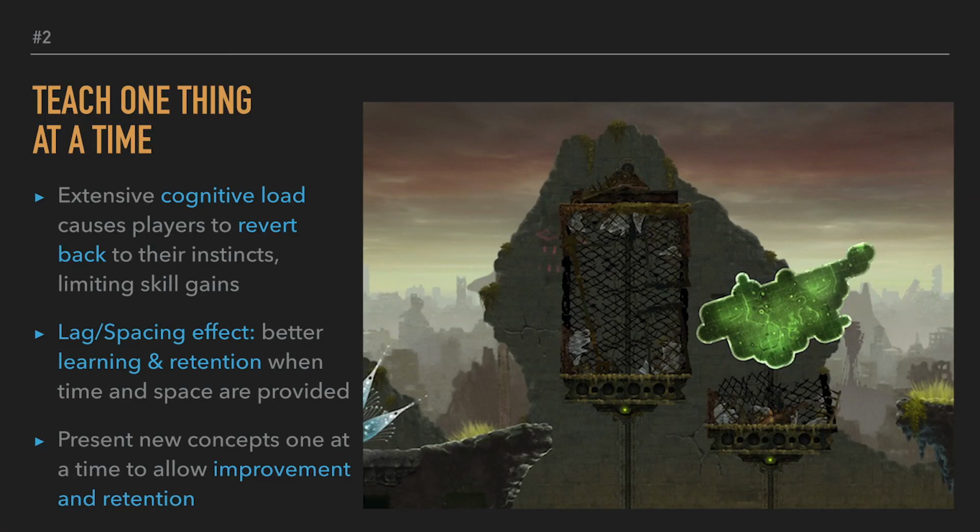We also need to understand that the lag and spacing effect says that the more space and time given when you learn, the better the retention is. So we need to present these new concepts one at a time and let the players improve and retain the information better.